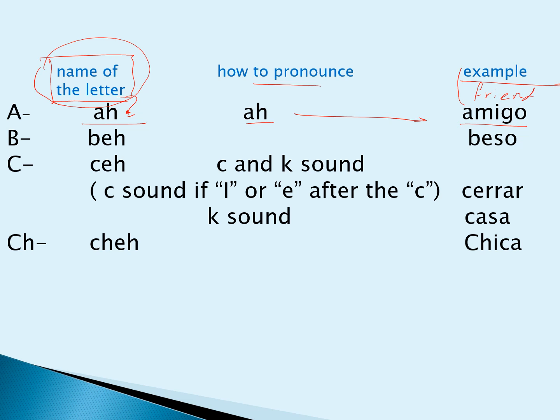The second letter. What's the name of the letter? This is not B in Spanish. This is B. Letter B. How to pronounce? Beso. This is the example.